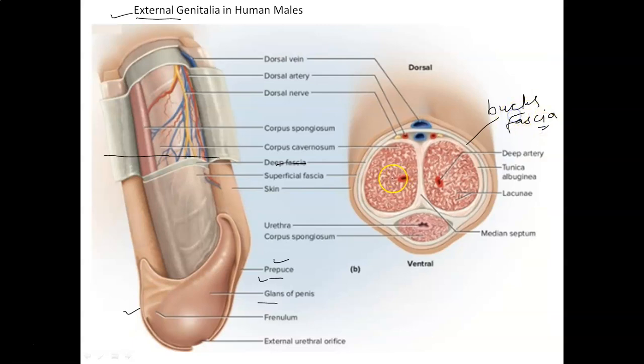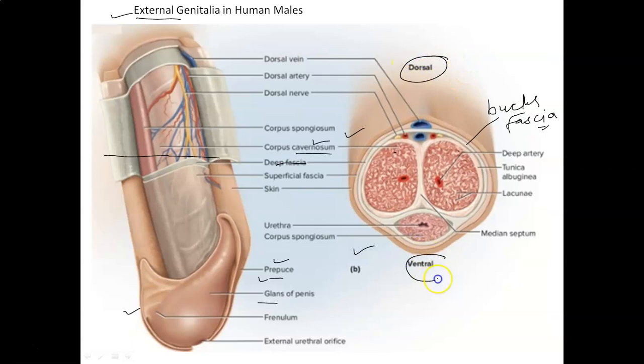Now, of the 3 erectile tissues which are present, 2 are dorsolateral and 1 is ventral. The dorsolateral ones are the corpora cavernosa. This is the dorsal side, this is the ventral side, as written here.